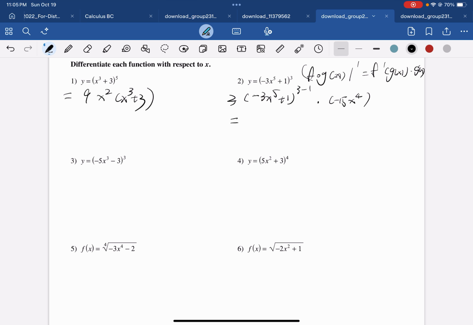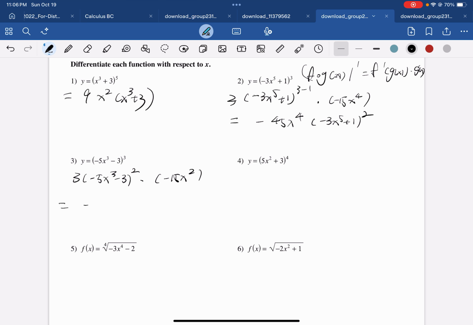All right. So what we got is negative 45x to the 4th times (negative 3x to the 5th plus 1) squared. And next one, we just use the chain rule formula. What we got is 3 times (negative 5x cubed minus 3) squared times negative 15x squared.